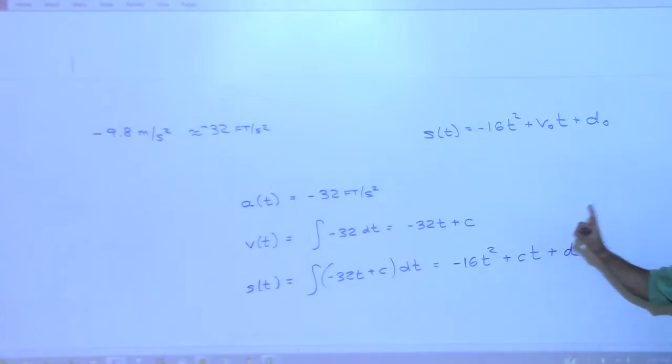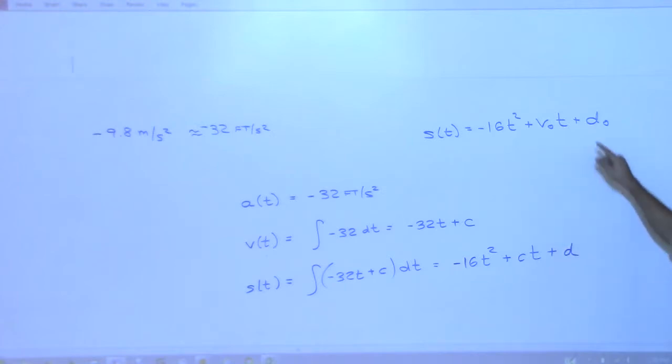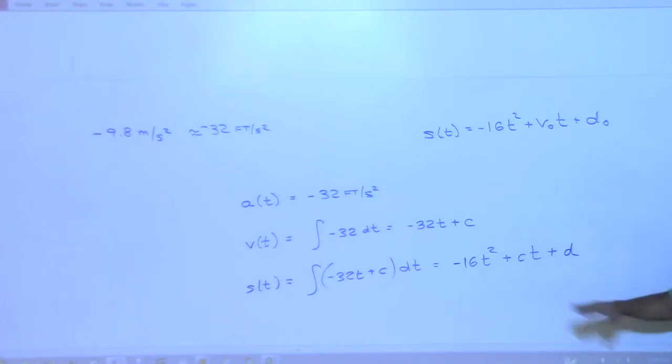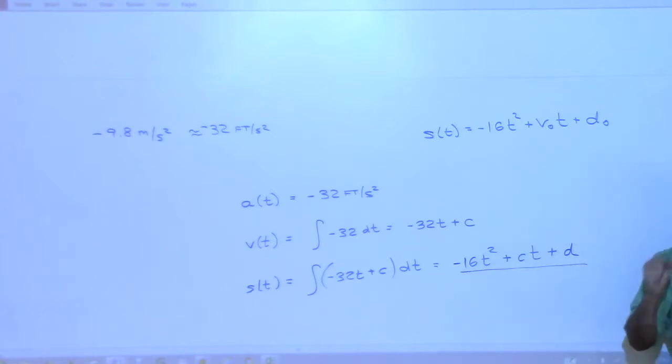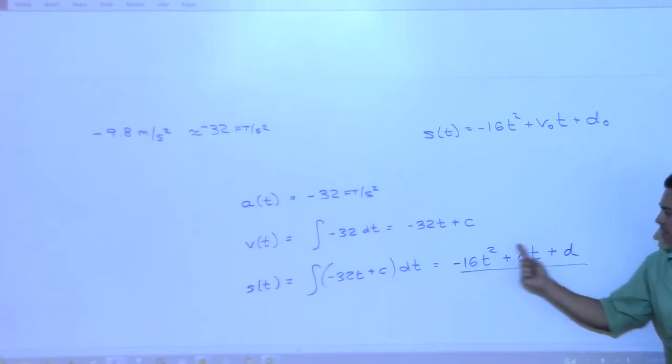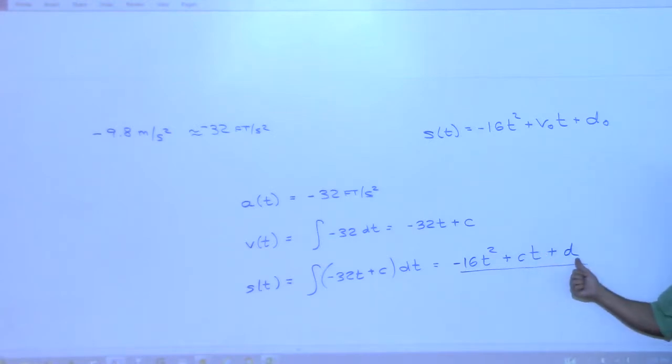And what this says is that if you give me the initial position of the object, so when time started at t equals 0, how high was the object, right? So let's look at this one right here. If I plug in 0 for t, what's the only thing left? d. So at time 0, d is my position, right?